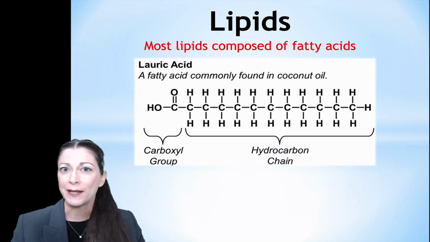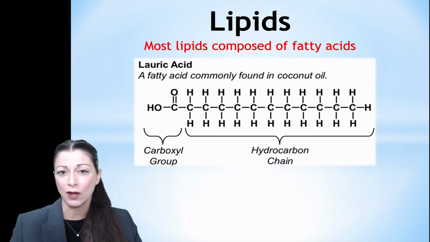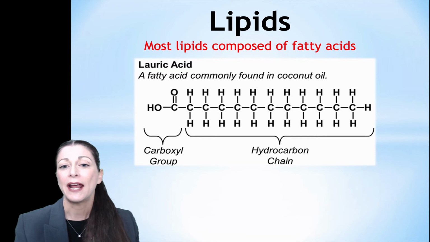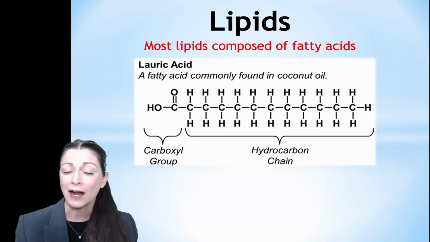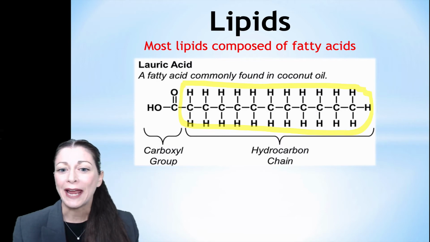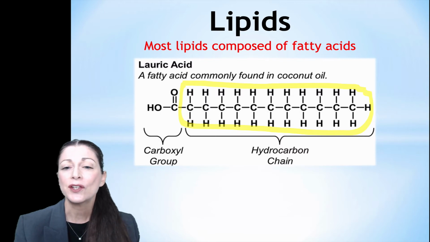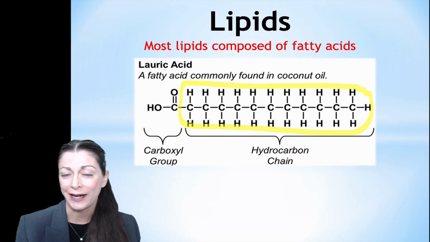So most lipids are composed of fatty acids. We talked about triglycerides having 3 and phospholipids having 2 fatty acids. So what's a fatty acid? A fatty acid is this long chain, this long carbohydrate chain that has hydrogens on it and some oxygen. So when we take a look at this long chain, all these C's connected together, that's called the hydrocarbon chain.